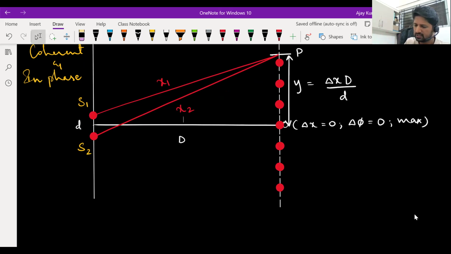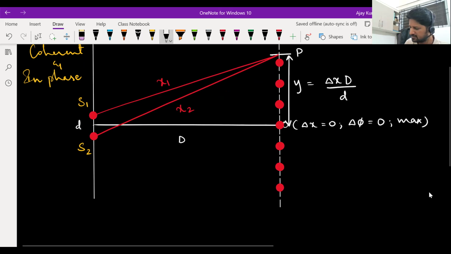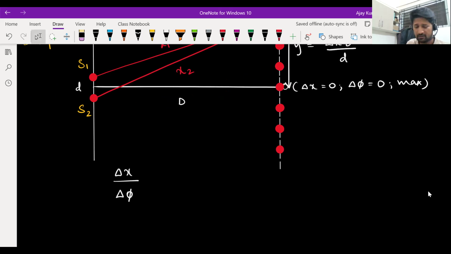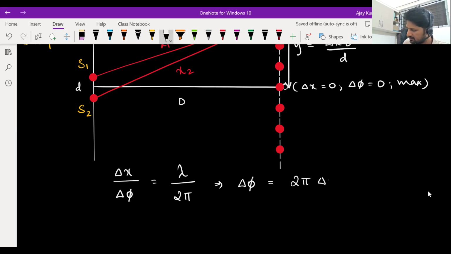And we already know the relation between path difference and phase difference. Delta x divided by delta phi, path difference divided by phase difference, is wavelength divided by 2 pi. So the phase difference with which they arrive there will be 2 pi delta x divided by lambda.